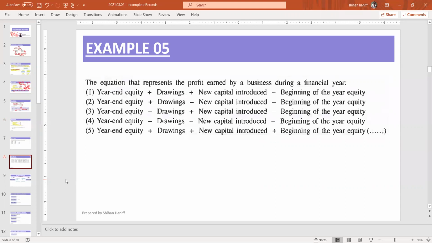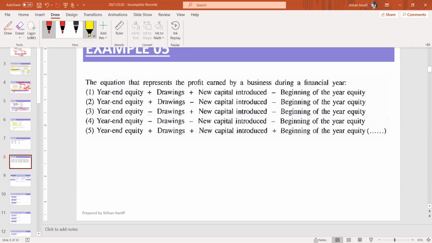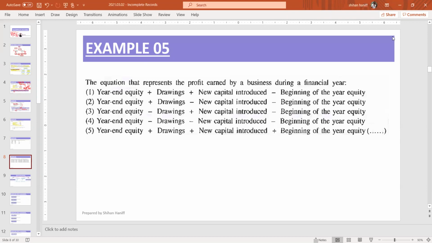Example 5. Can you tell me the equation for the profit? What is the equation that represents the profit earned by a business?